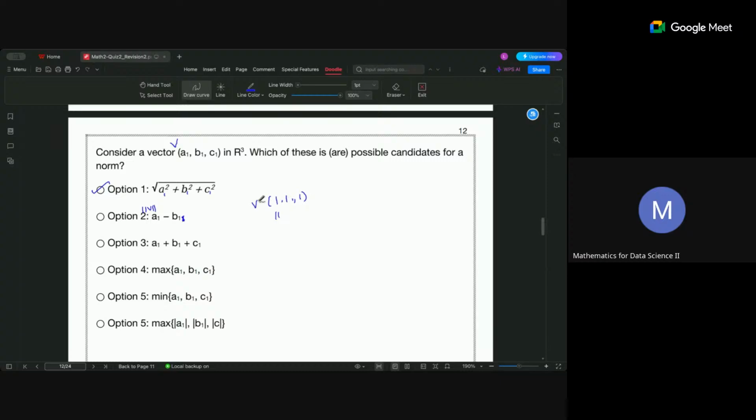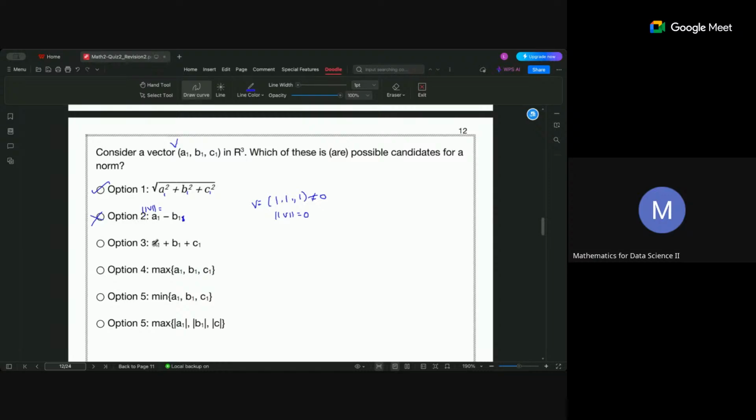What is the norm of this vector? Root 3. This is the norm definition. Oh, by definition, it could be 0. But is it possible? No, because vectors are non-zero. This V is non-zero and your norm V is 0. So this is not a suitable candidate for norm.